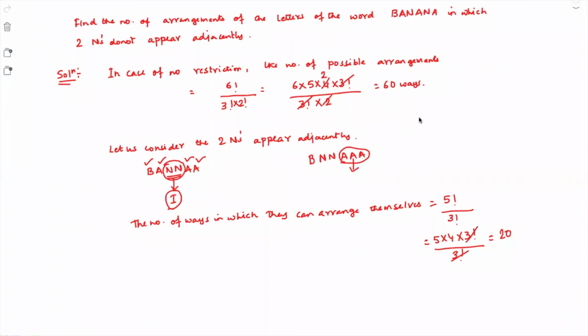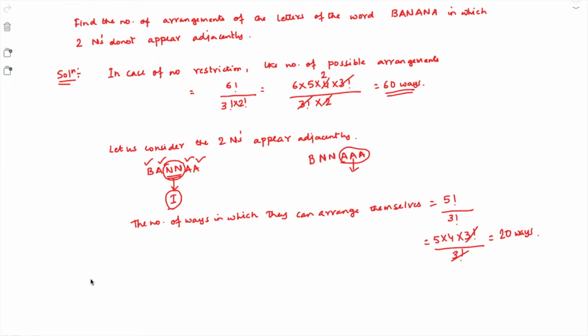So now this was the case where there was no restriction. That means any letter could have arranged in any way. And then we took another case where the two ends are together. That means they are adjacent to one another. But the question is when they will not be adjacent.